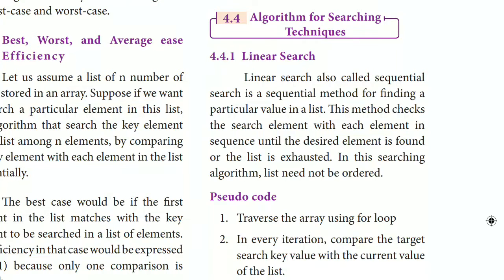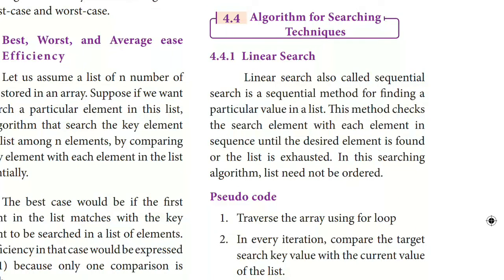These are the things that you have to keep in mind: this method will move sequentially from top to bottom or bottom to top. When the searching element is found, it will display the result.